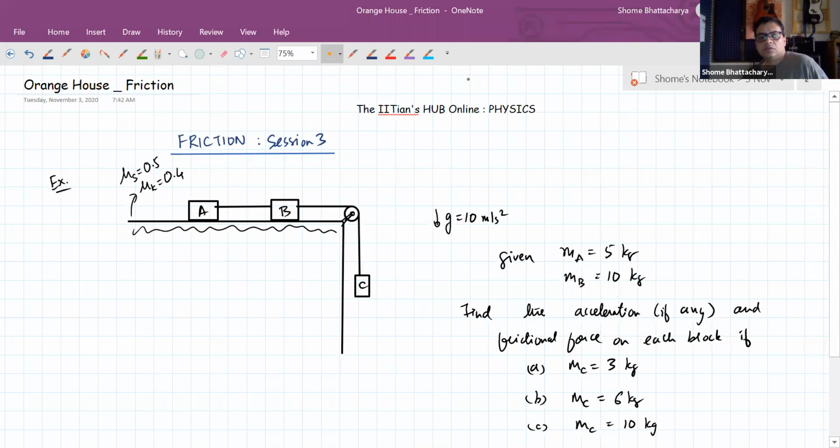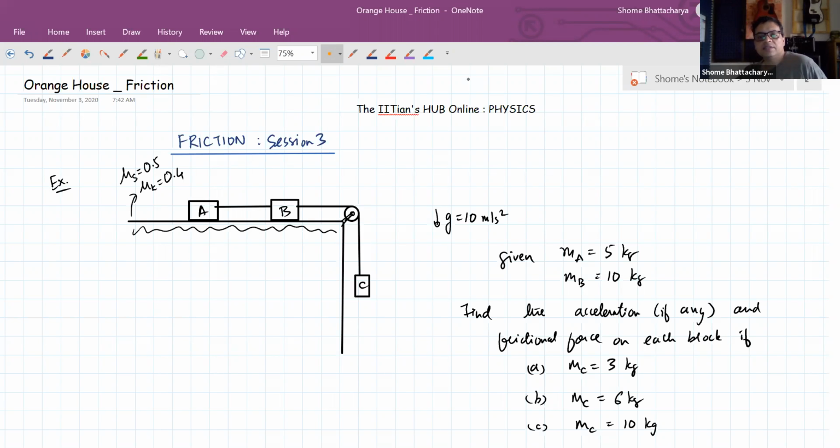As is the case with any problem in relation to Newton's laws of motion and friction, everything will be based on the free body diagrams. But in addition to the free body diagrams, you will also have to apply the concept of limiting friction over here. That is, you have to check the external tangential force that is trying to create slipping against the maximum friction available, or the limiting friction available, on a given block.